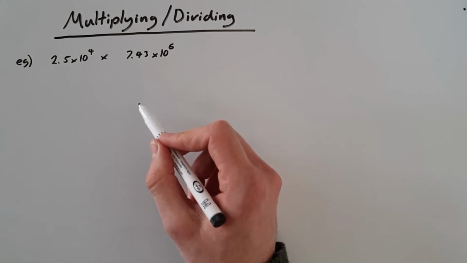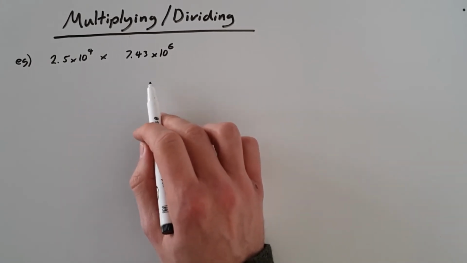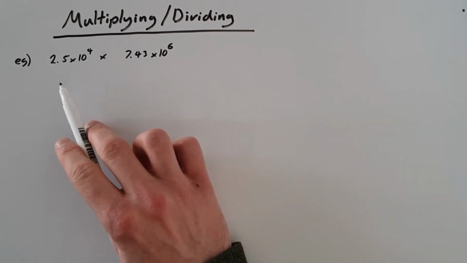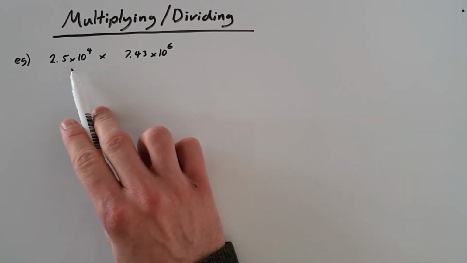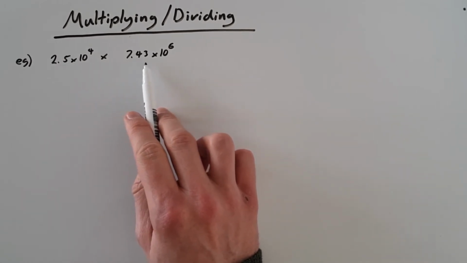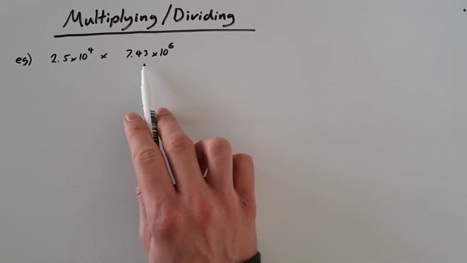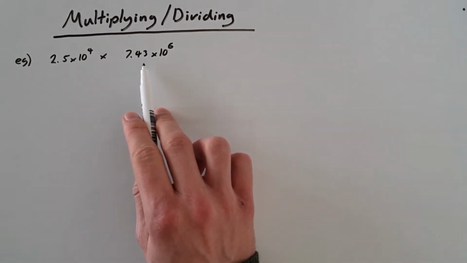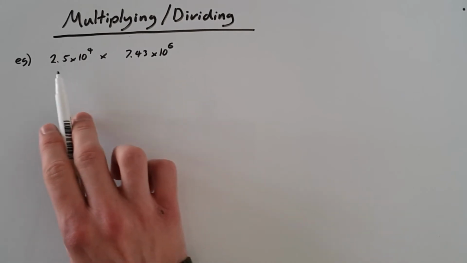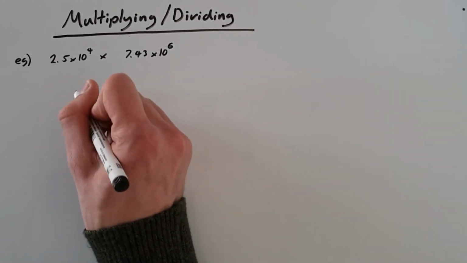Okay, so now we're going to be looking at then, how do we multiply and divide numbers in standard form? Okay, so we've got an example here then. So we've got 2.5 times 10 to the 4 times 7.43 times 10 to the 6. Okay, so multiplying two numbers in standard form. So the way we do this then is when we multiply them, we want to take the two numbers out the front and we multiply those.